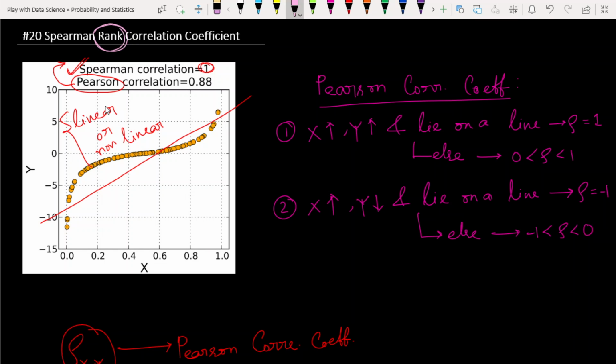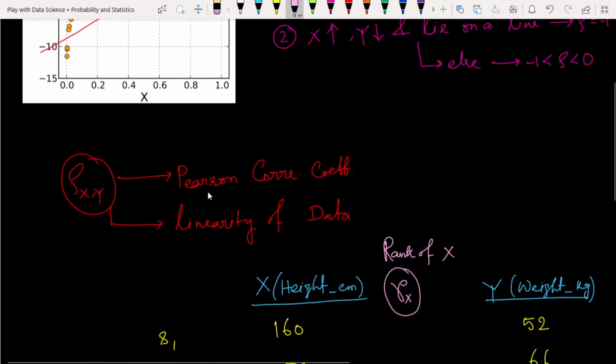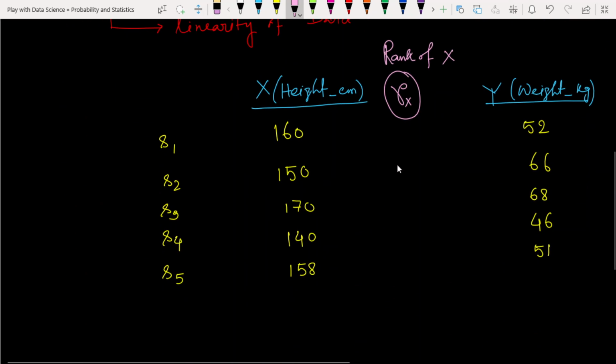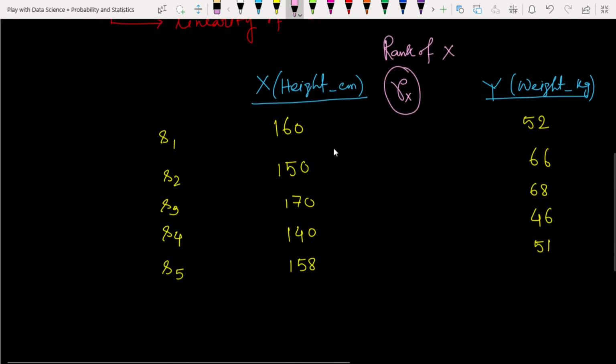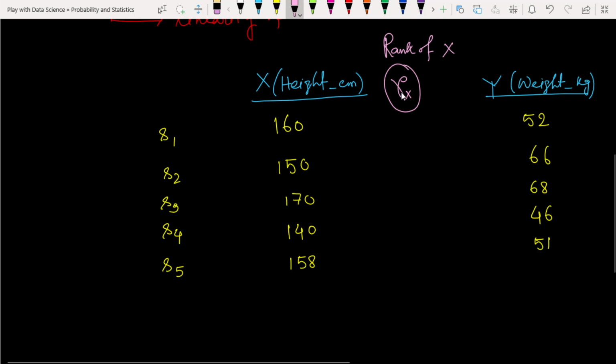Everything else is the same. Instead of taking the direct data, we use the ranking concept. If we take the ranking, we have staged the data in a linear manner, so it does not matter whether it is linear or non-linear. Just take the rank of this data. So we have built a new random variable, r of x.